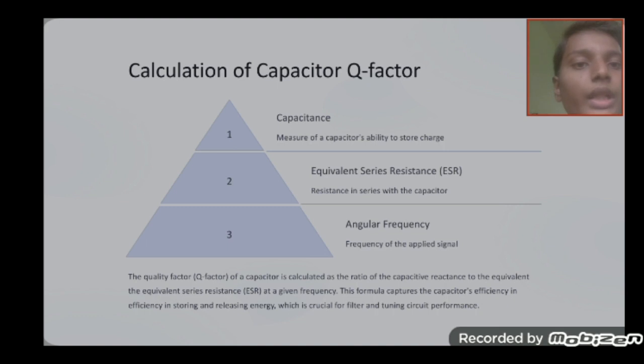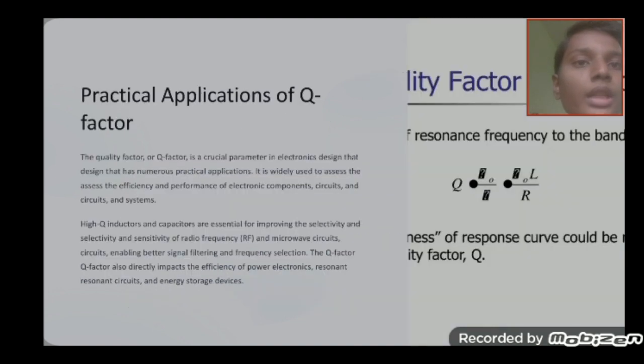The quality factor of a capacitor is calculated as the ratio of the capacitive reactance to the equivalent series resistance at the given frequency. This formula captures the capacitor's efficiency in storing and releasing energy, which is crucial for filter and tuning circuit performance.